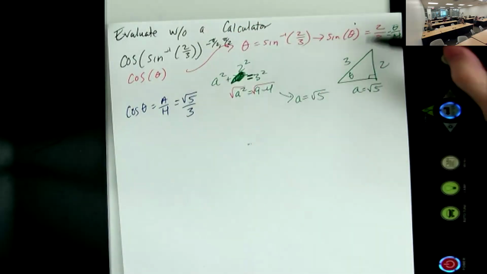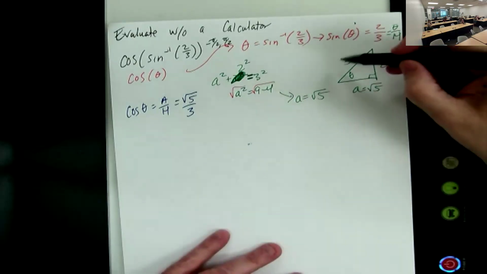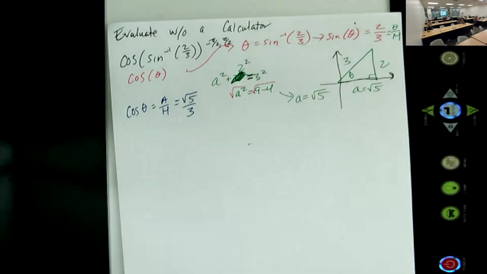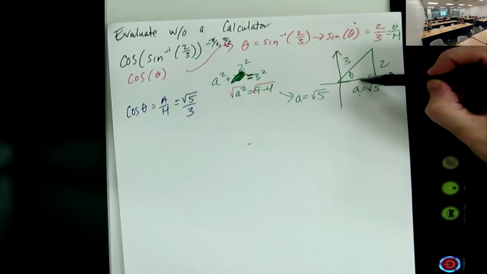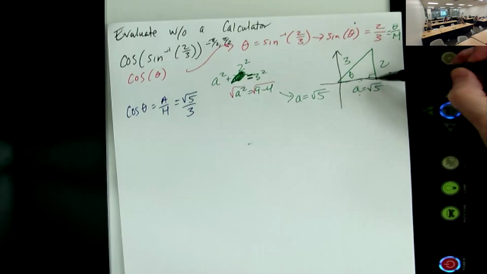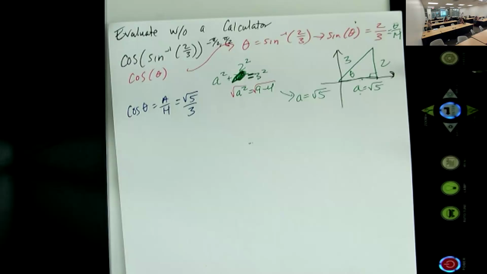And if sine theta is 2/3, this is in quadrant 1. If I put my axis here, I deliberately put my triangle in quadrant 1. A is x. X is always going to be positive on this side. That's how I got positive square root of 5. Does that make sense?